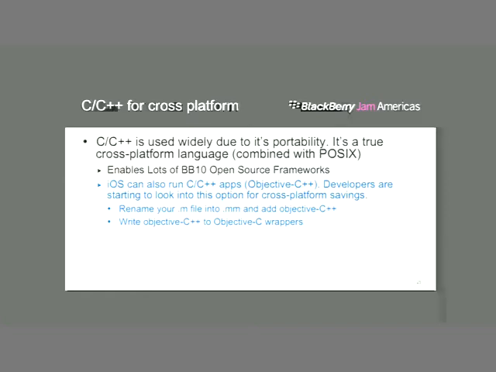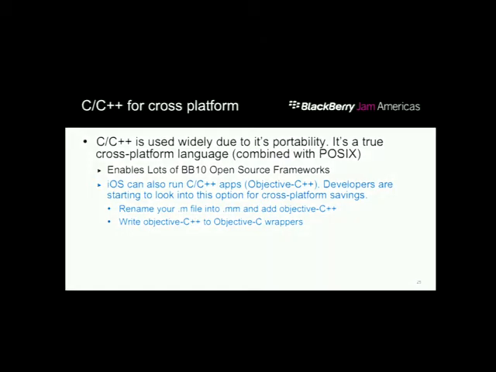And I think it's really an option that a lot of iOS developers are starting to look into, because obviously we live in a multi-platform world. But not only that, a lot of open source libraries are implemented in C and C++, and a lot of effort has gone into porting them, so why reinvent the wheel sometimes? So there are certain tutorials on the iOS site, as well as we'll provide one in the porting guide, of how to actually create those wrappers and how you would go about doing this.